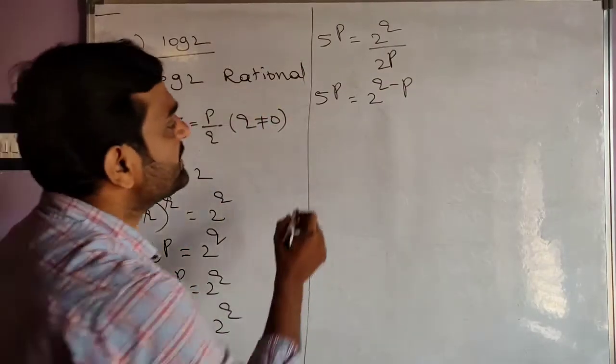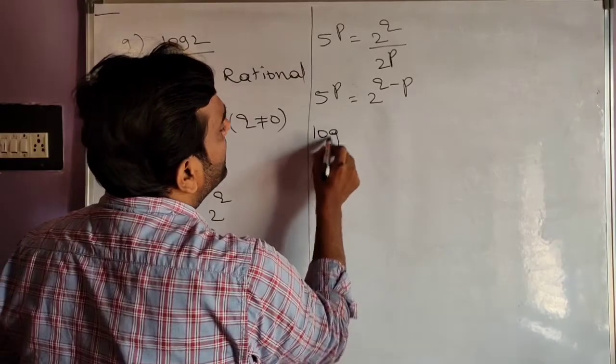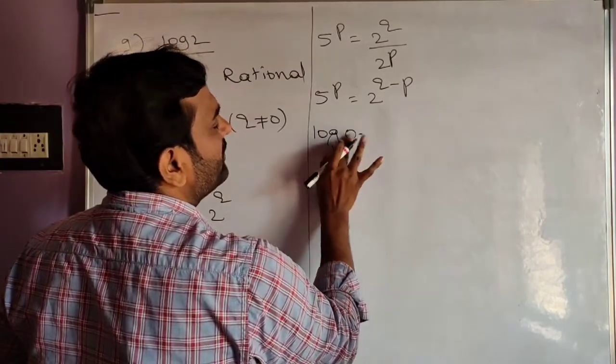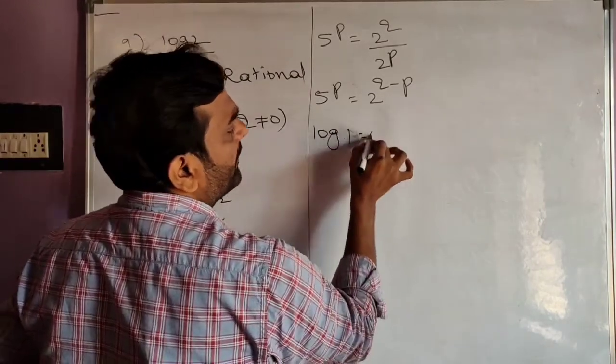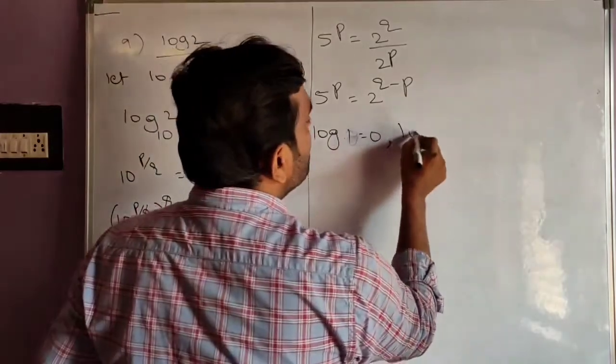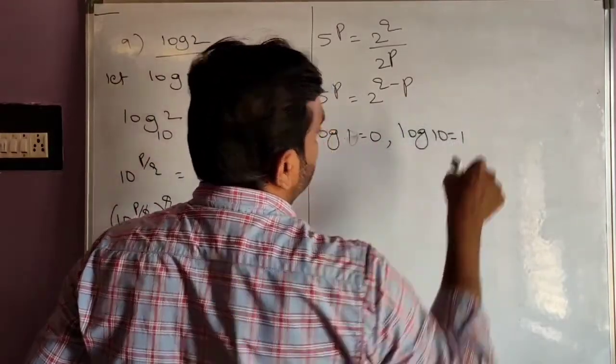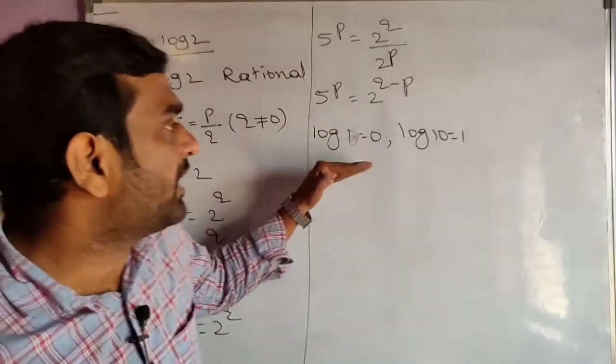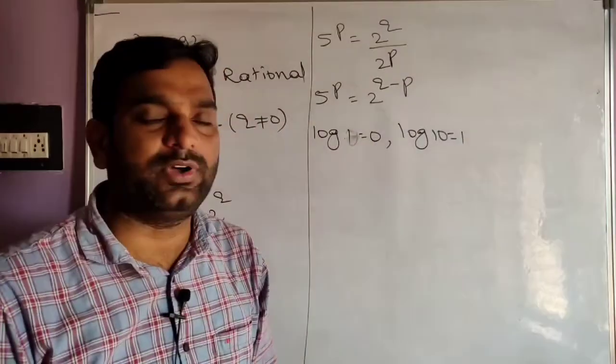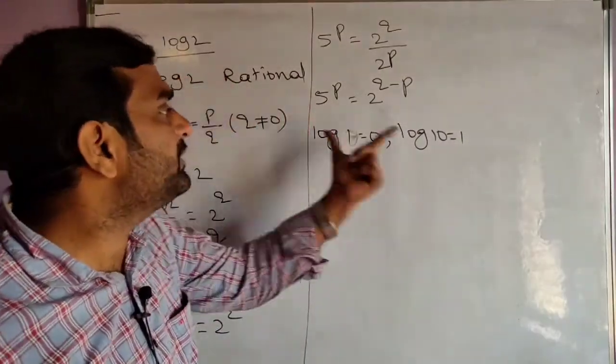And here the condition is, what is the value of log 1? That is 0. What is the value of log 10? That is 1. Log 1 is 0, log 10 is 1. Log 2 is between these two.